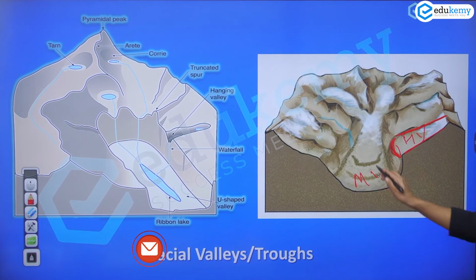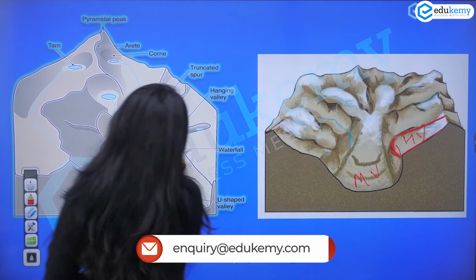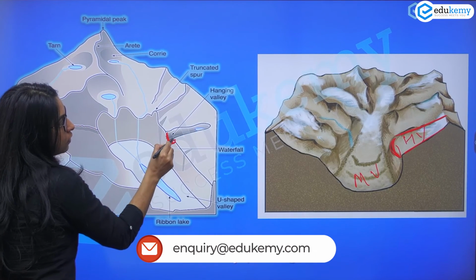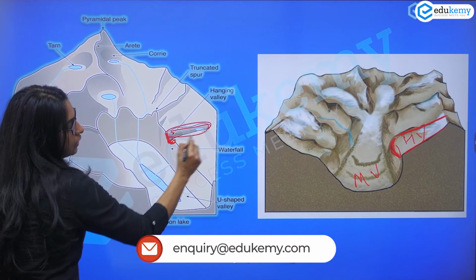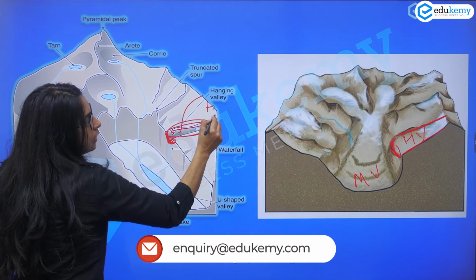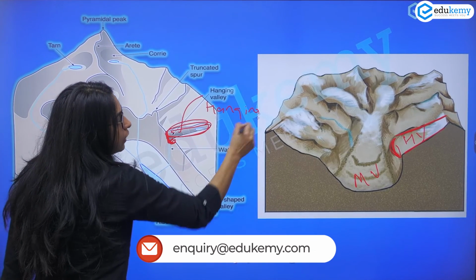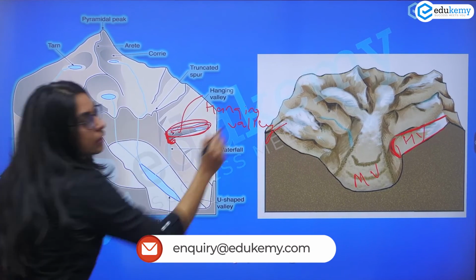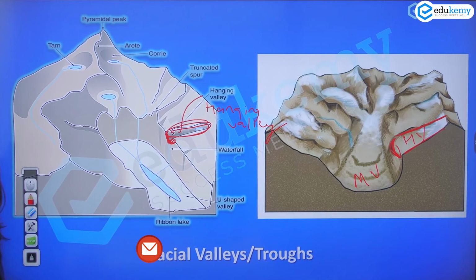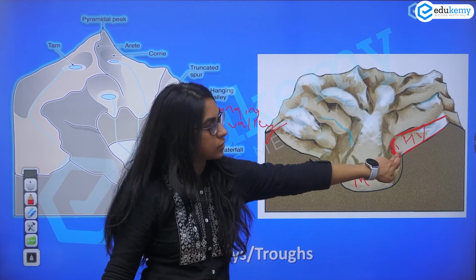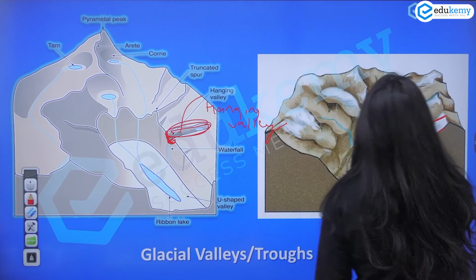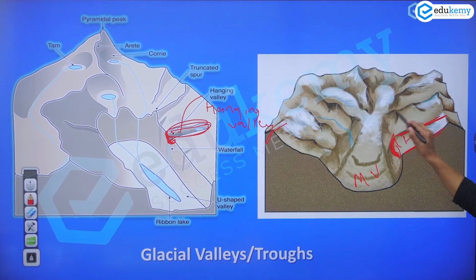This is called the main valley. You can see here also, this is the truncated spur. This valley is called the hanging valley. So this is the spur, but this depression is called the hanging valley.